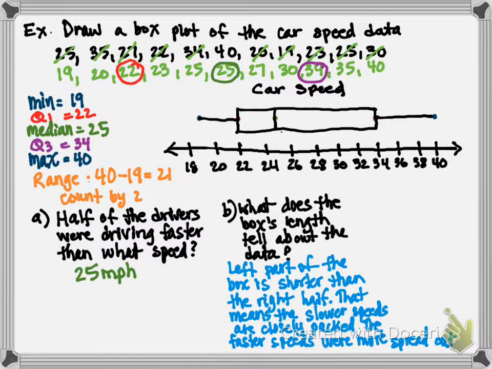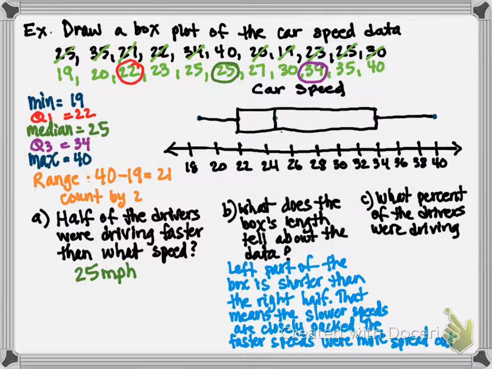All right, let's see if I can smush in one more question. Oh, this will be an easy one. What percent of the drivers were driving faster than 34 miles per hour?